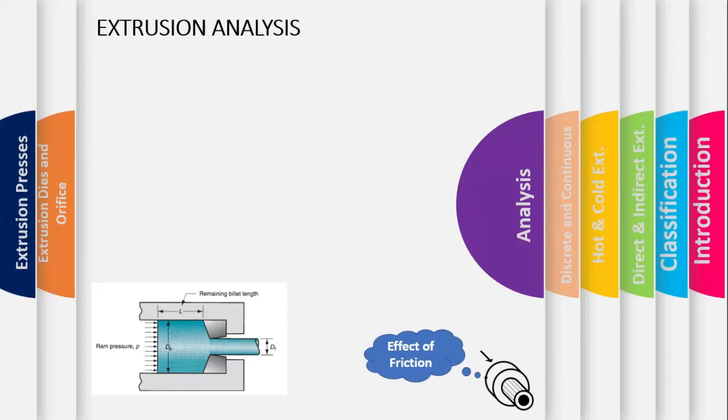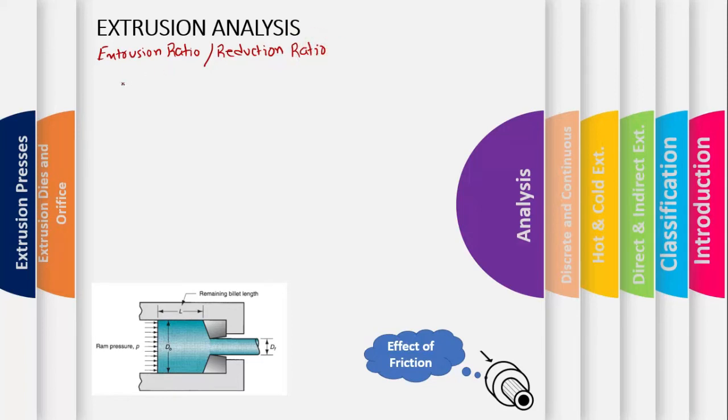In the case of the forging operation, we found the ratio between the initial and the final height. And in the case of the extrusion, we have a ratio that is known as the extrusion ratio, or the reduction ratio.